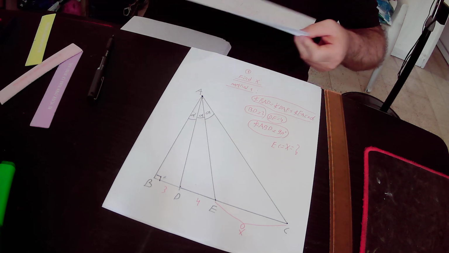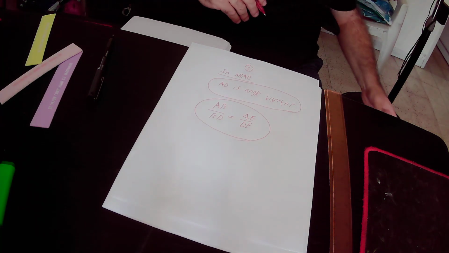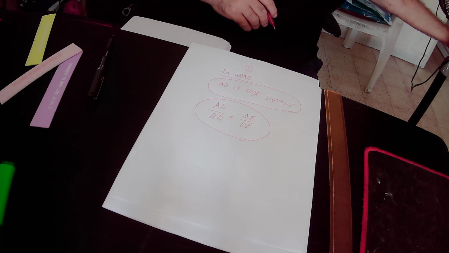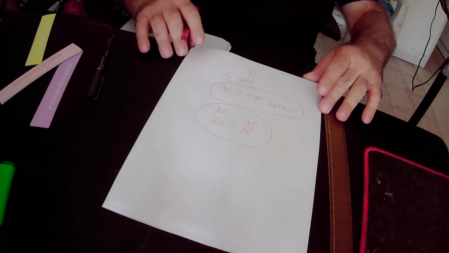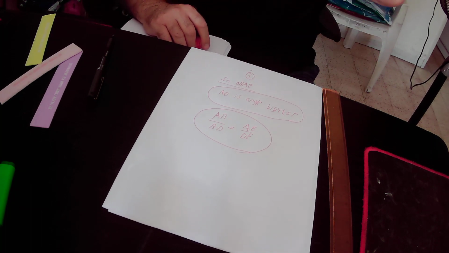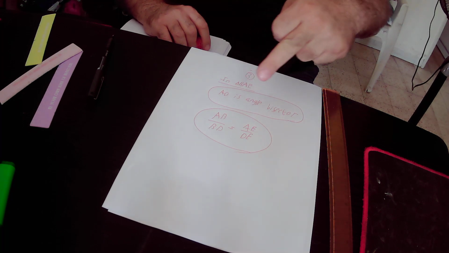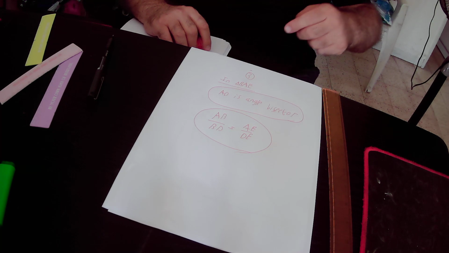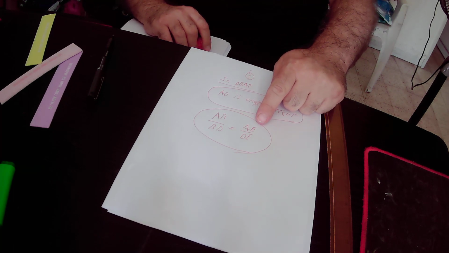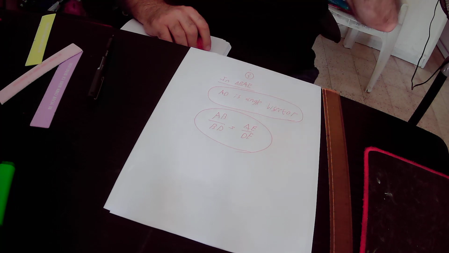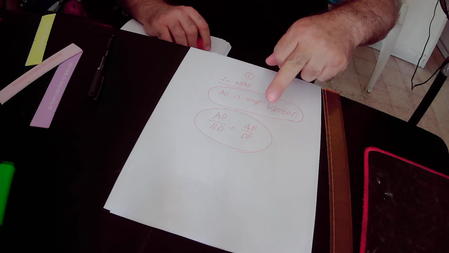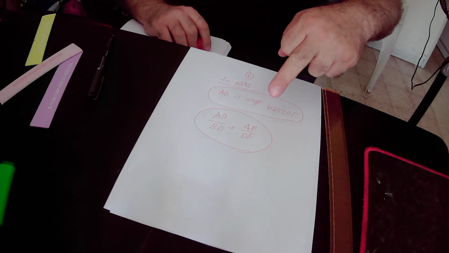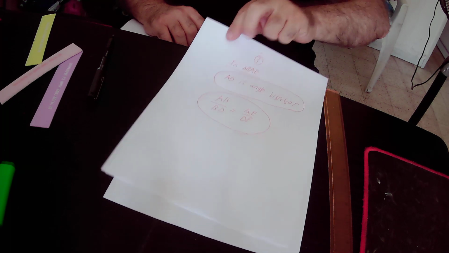Okay? In the right triangle ABE, AB over BD equals AE over DE. Here we will divide this equality by AE, and then we will multiply it by BD.